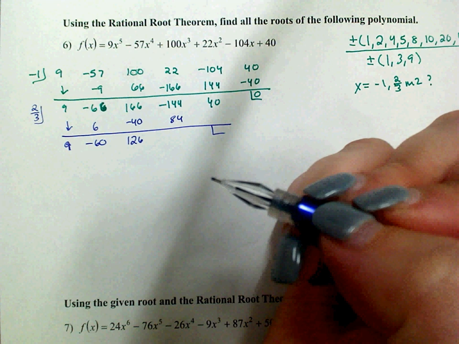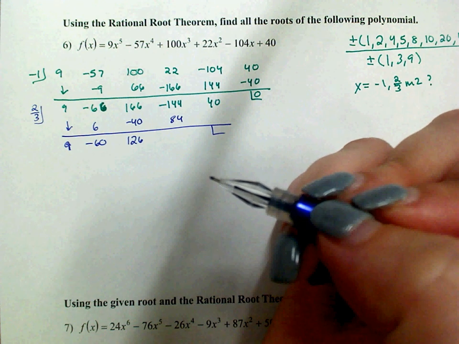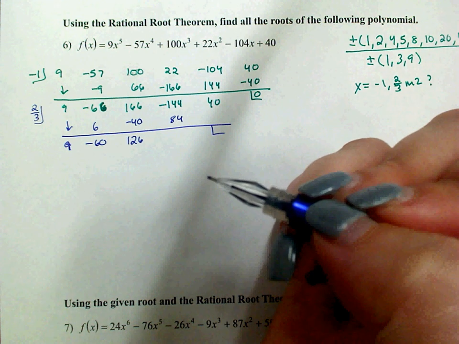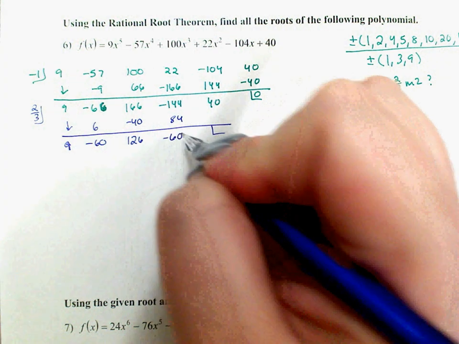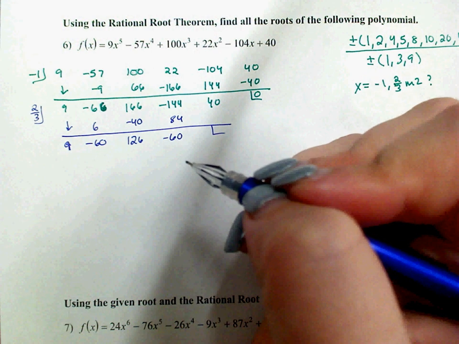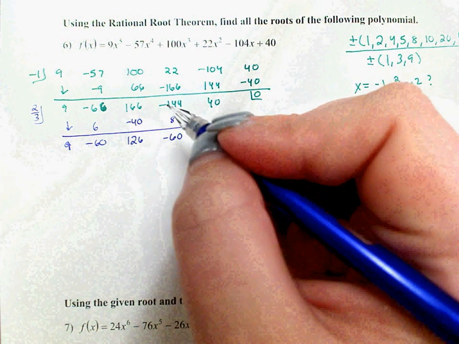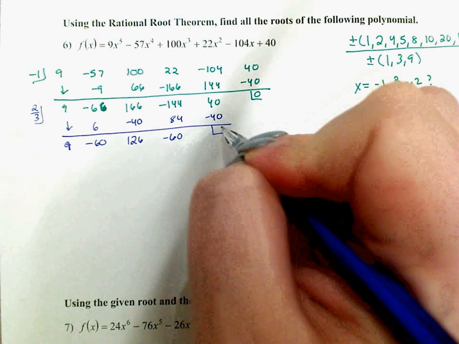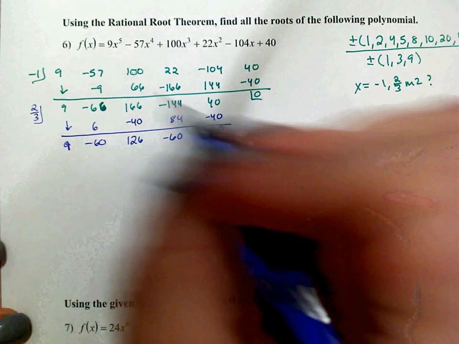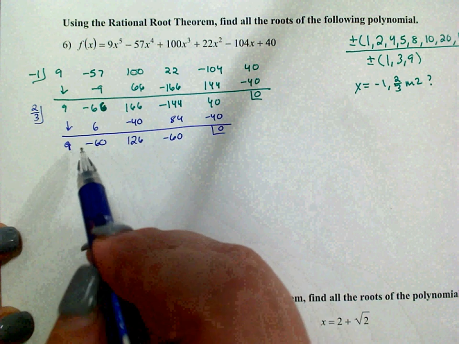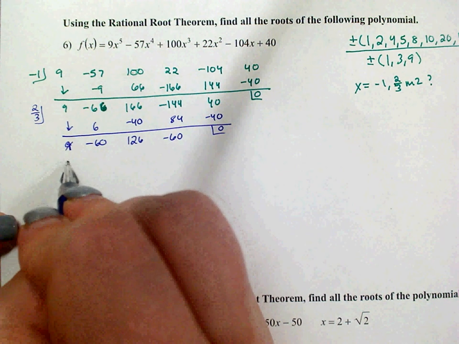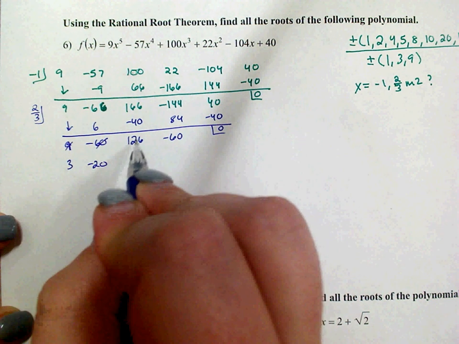Yeah, -60. 1/3 of -60 is -20, and -20 times 2 is -40. And there we go. Now I'm going to remember, because I synthetically divided by a fraction, to just cut these numbers in thirds. So that's 3, that's a -20, that is a 42, and that is a -20 again.